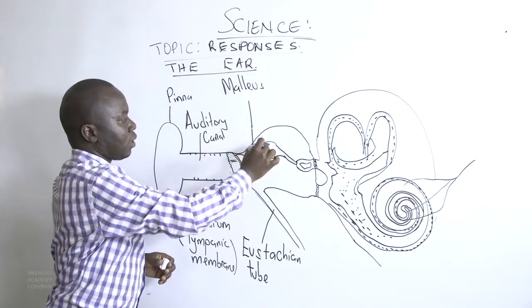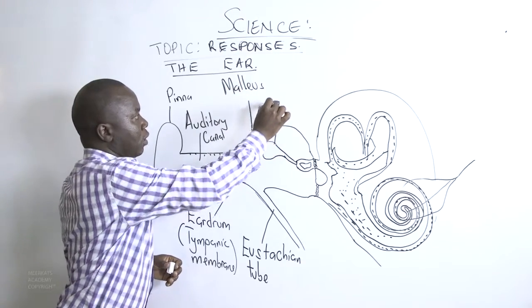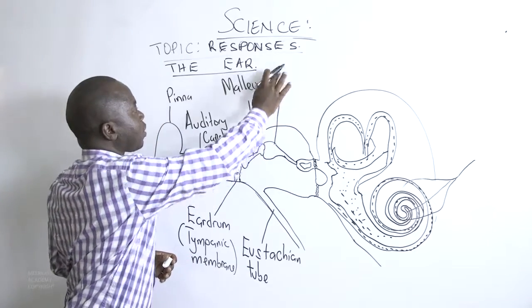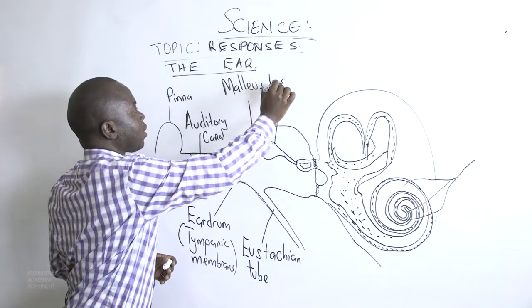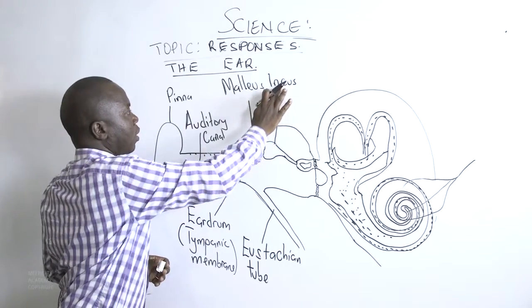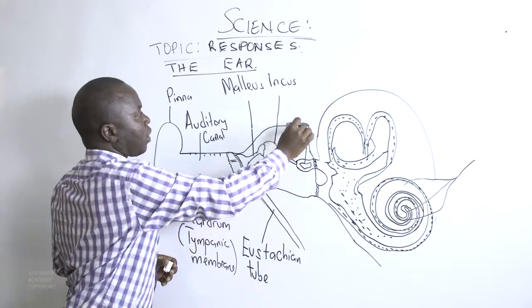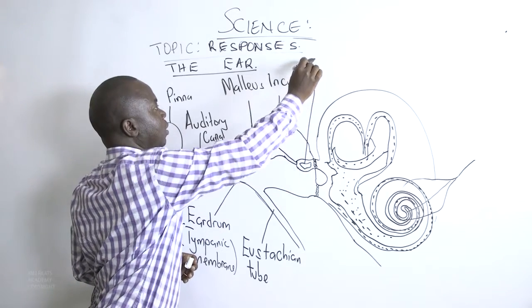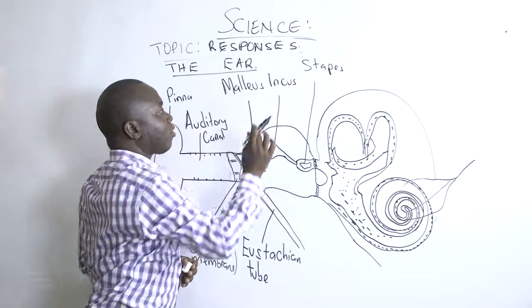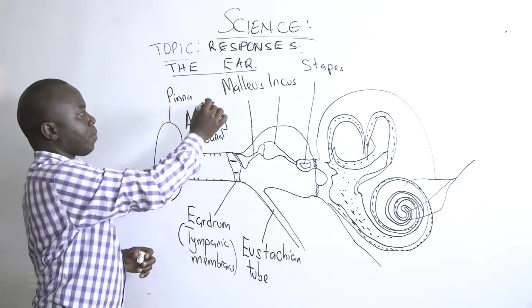Malleus. The second one is called incus, or anvil. And the third one is called stapes. But they are also given other names.